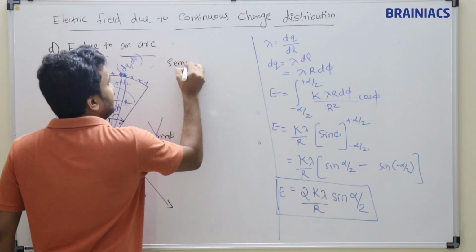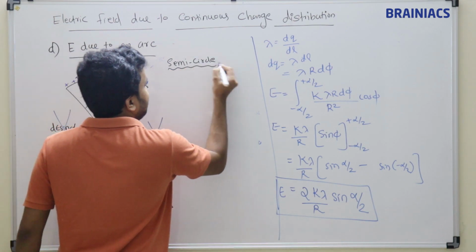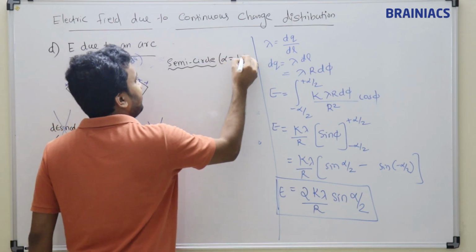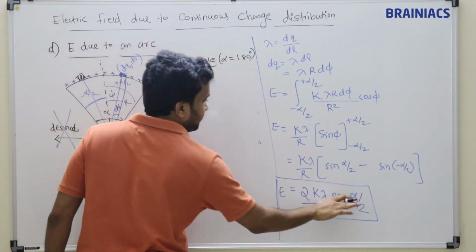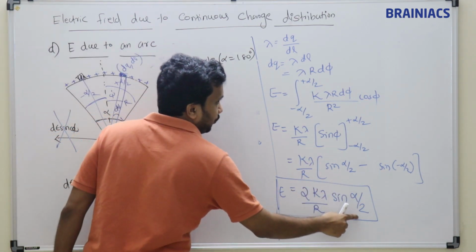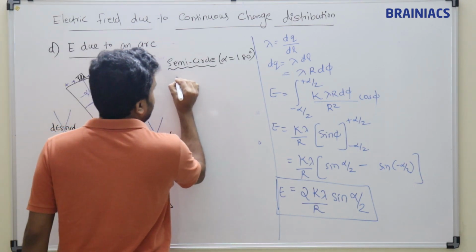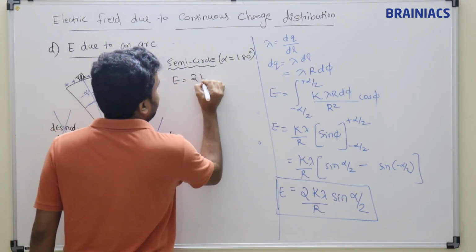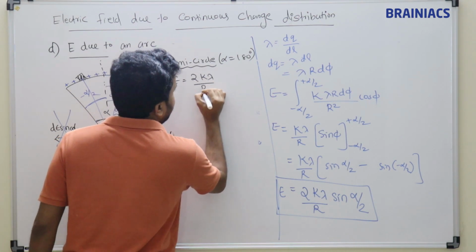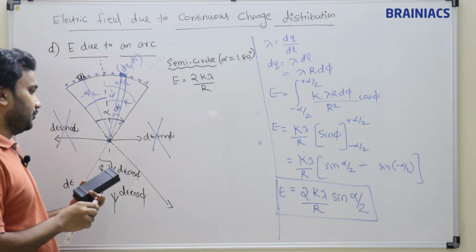For a semicircle, alpha will be equal to 180 degree. If you substitute alpha equal to 180 degree, 180 divided by 2, how much will come? Sin 90. Sin 90 is 1. So for a semicircle, we got electric field equal to 2k lambda divided by r. Hope you remember this from the previous videos.